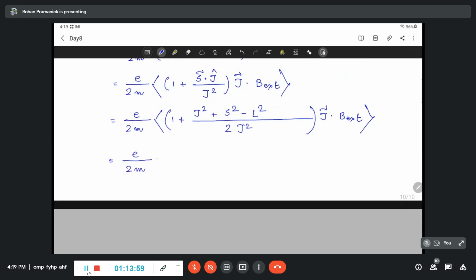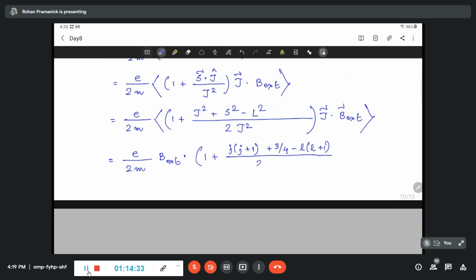It becomes e by twice m, with B external outside, dot 1 plus J times J plus 1 minus S times S plus 1, and for the electron S is 1/2, so that is 3 by 4, minus L times L plus 1, over 2 J times J plus 1, and there is a J over here.